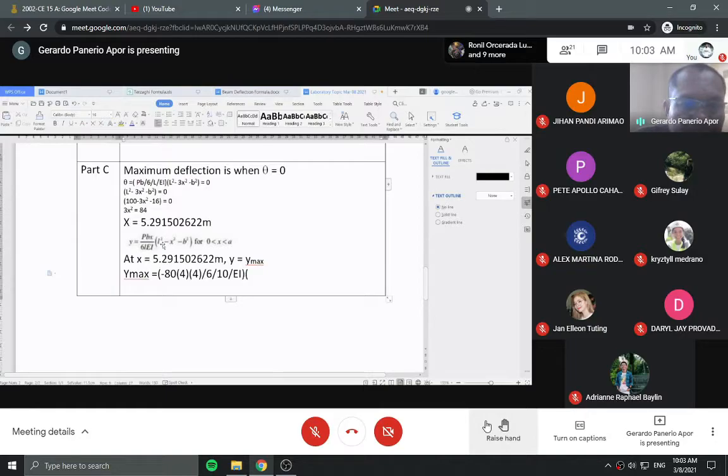The quantity inside you have L squared, which is 100, minus x squared, which is 84 divided by 3, then minus 16.